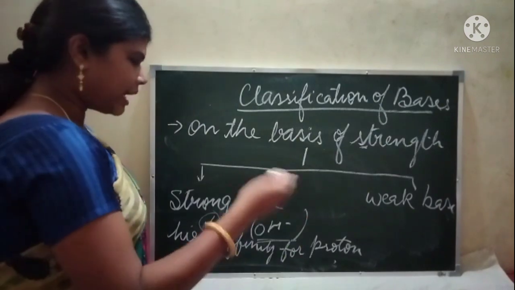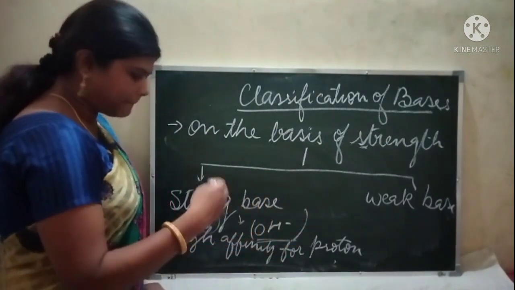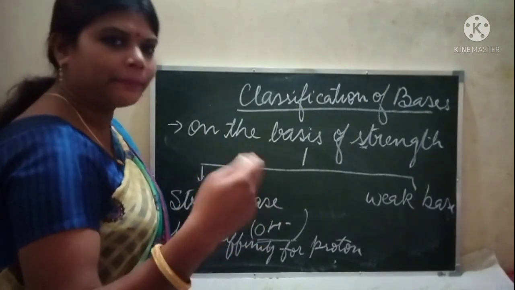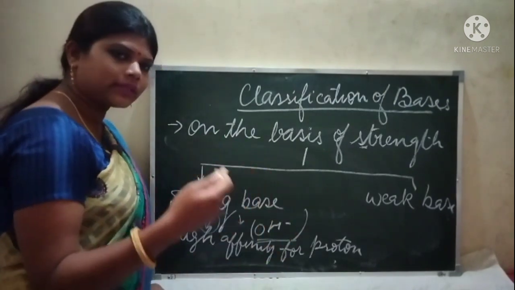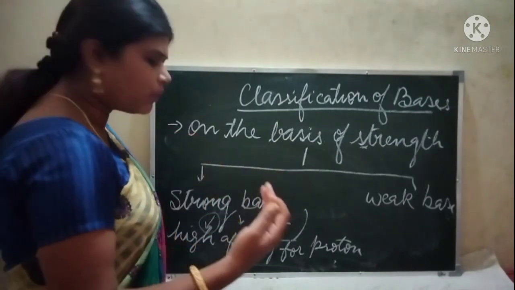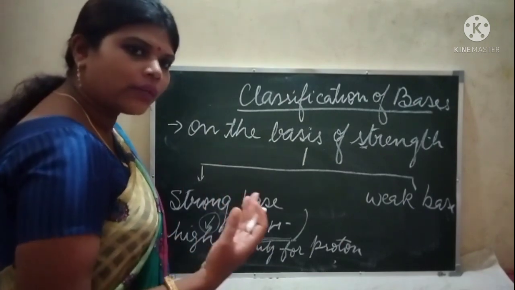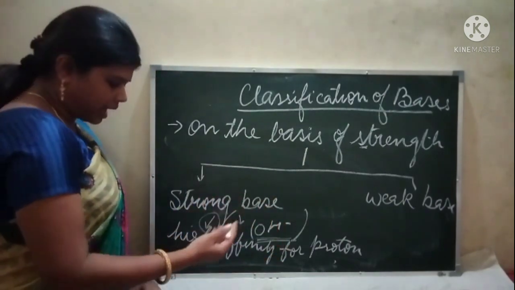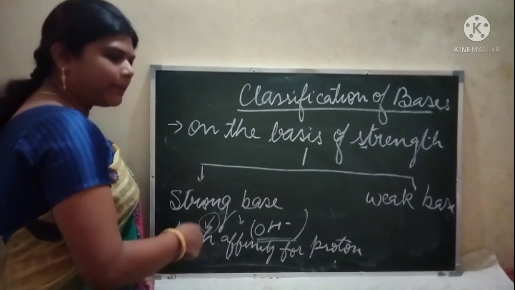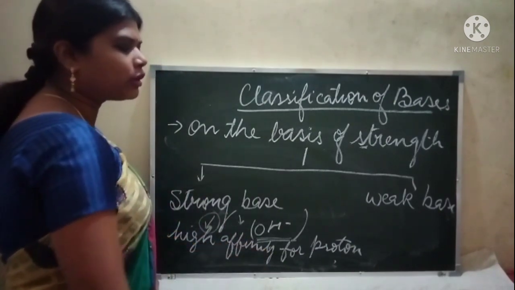So we can understand strong bases by definition: strong bases are those which can completely ionize in water to give OH minus ion, or in other words, strong bases are those bases which have high affinity for the proton.